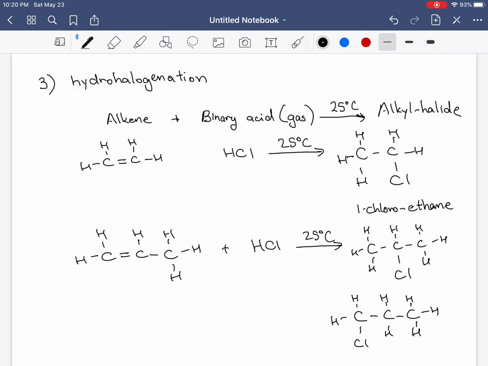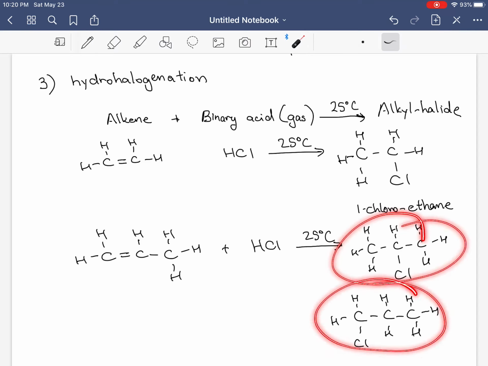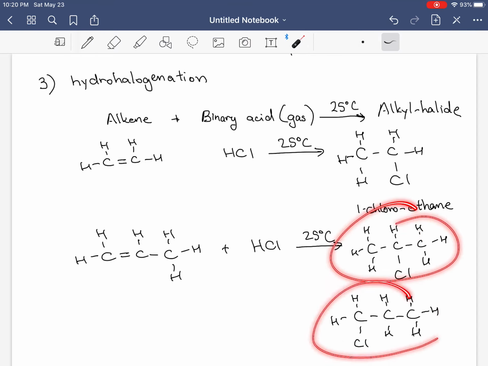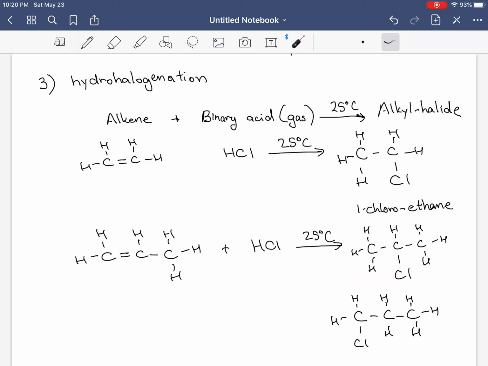So in a situation where your alkene has more than 2 carbons, a hydrohalogenation reaction can have multiple scenarios because both of these are different.